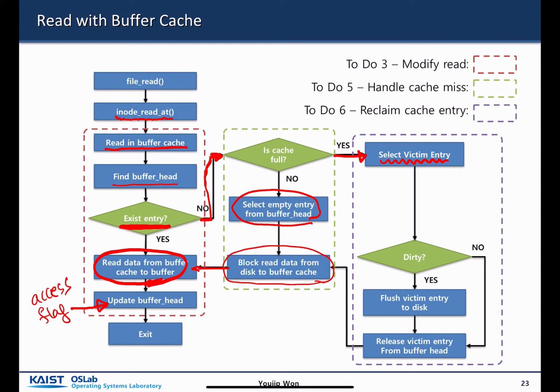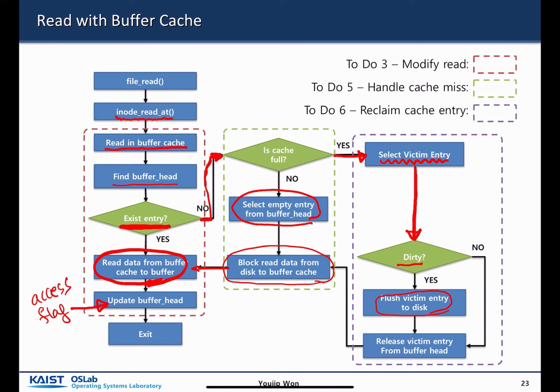So select the victim entry, and if the victim entry has been modified since it was brought into memory from the disk, then we say it's dirty. Then we have to save it to the disk. We have to flush the victim entry to the disk.